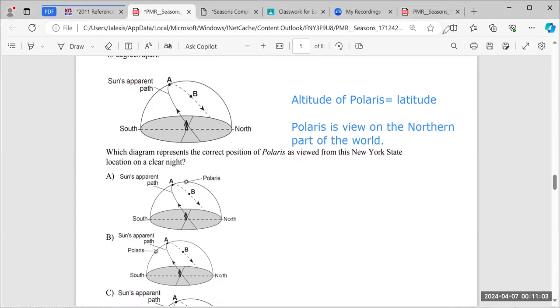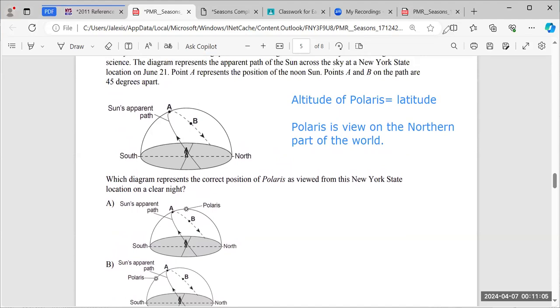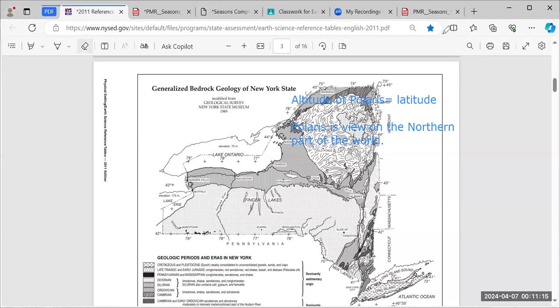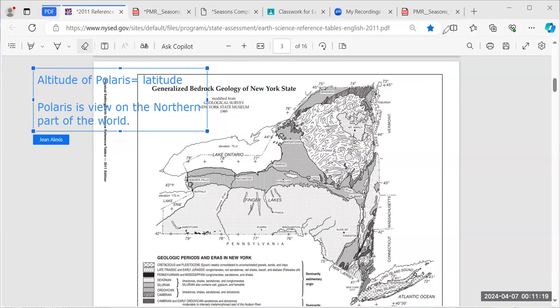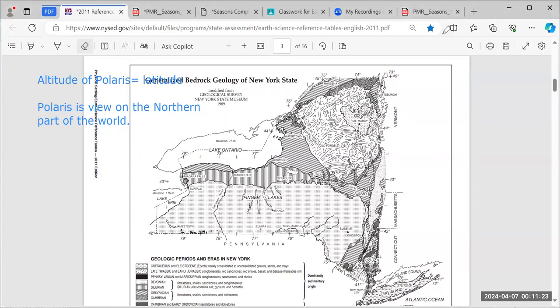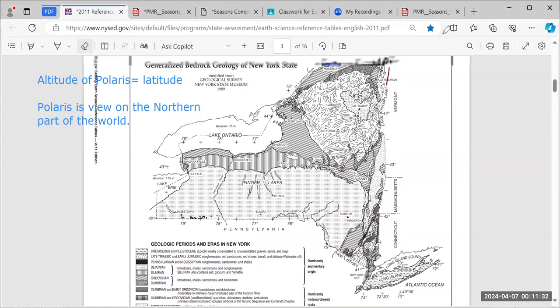All right. So, what do I know about New York State? Do I know anything about the latitude of New York State in general? Yes, I do. If you ever forget where the latitudes of New York State are, go to page 3 of the reference tables, right? And the entire state has latitudes between 40, right?